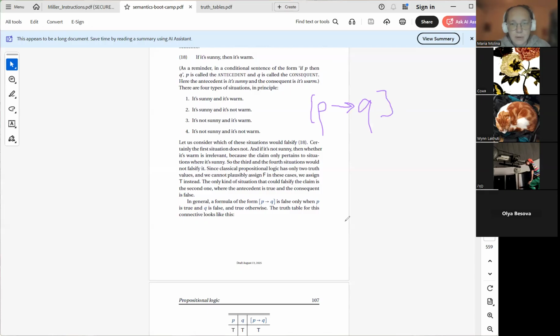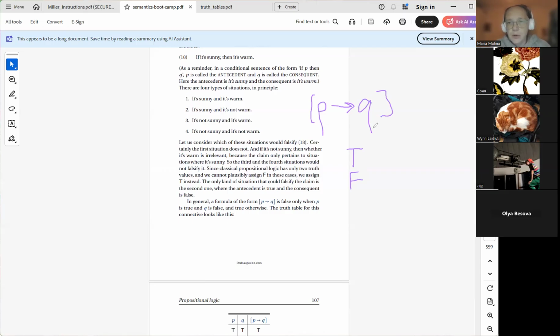You want me to just give you the truth table? Well, let's do the truth table. Okay, sure. If P is true and Q is true, then I guess that's true also. True. P is true, Q is false: false.